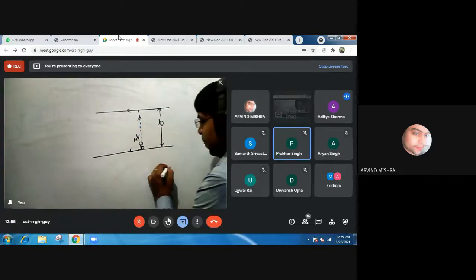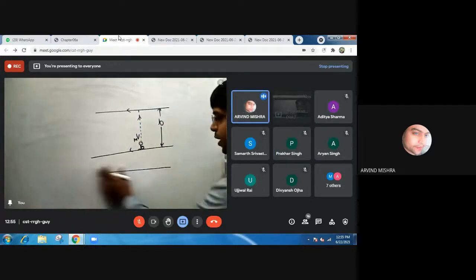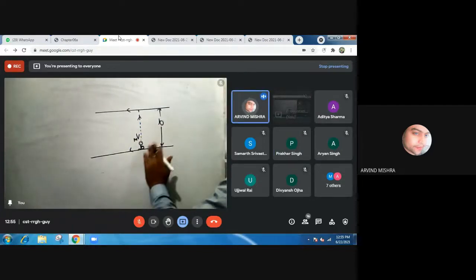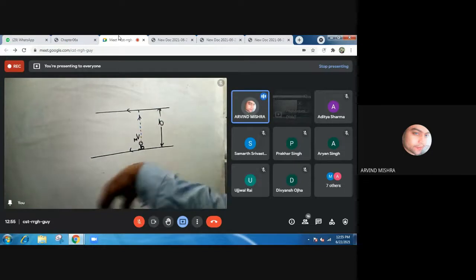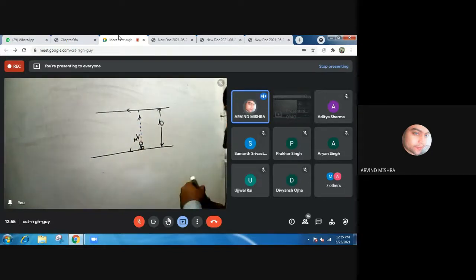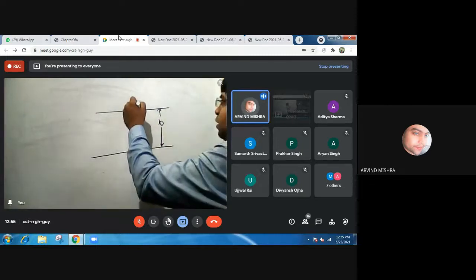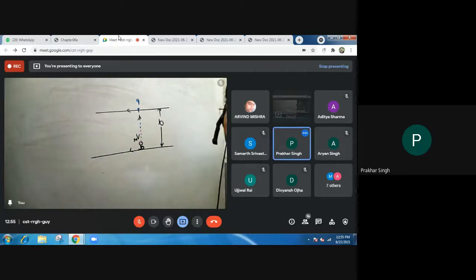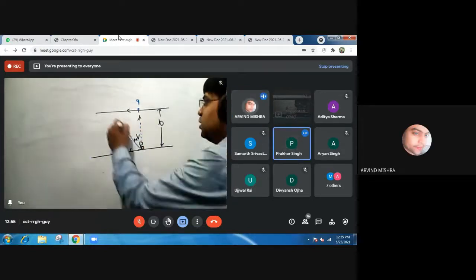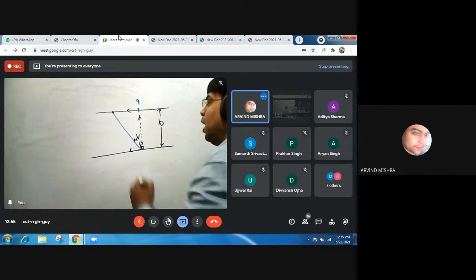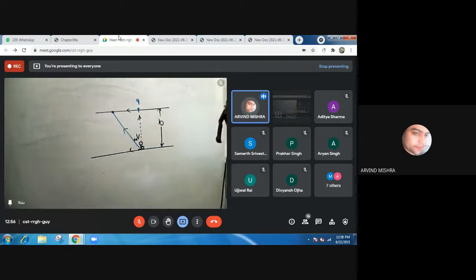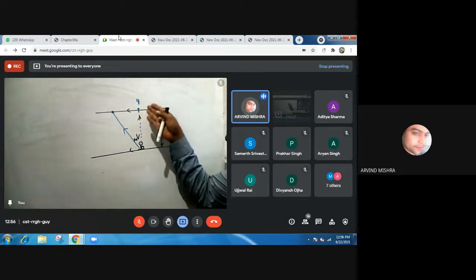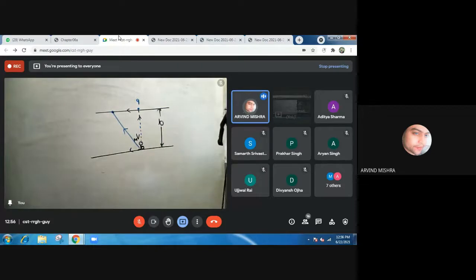Second case: let's observe this particular case and tell me what will happen once the river is flowing. Where will we end up our journey? At the vertically opposite end or some other place? Towards the right, correct. And suppose you have to reach the same point, in which direction are you supposed to swim?